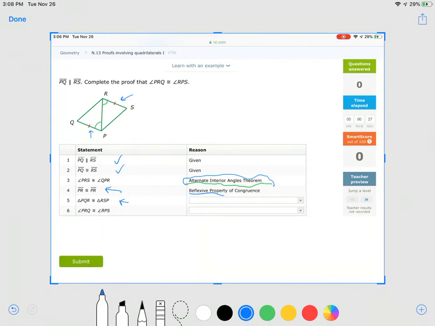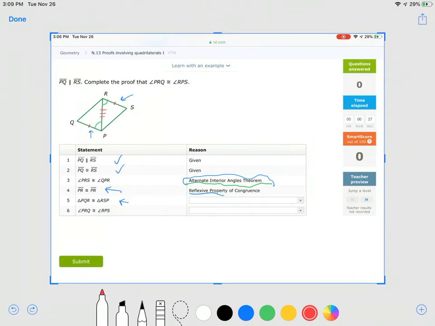Oh sorry, I forgot to mark this. This was line 4, that RP is congruent to itself. Okay, so they're saying PQR is this triangle on the left, they're saying is congruent to this triangle on the right. And we have to determine how they know that, okay?